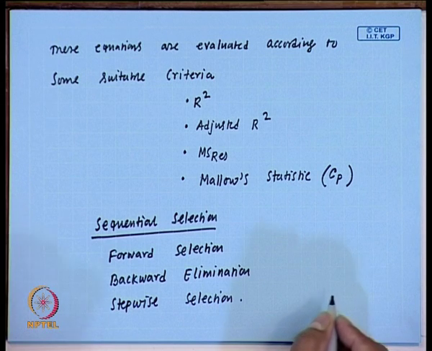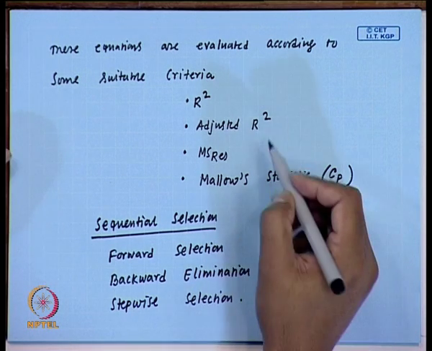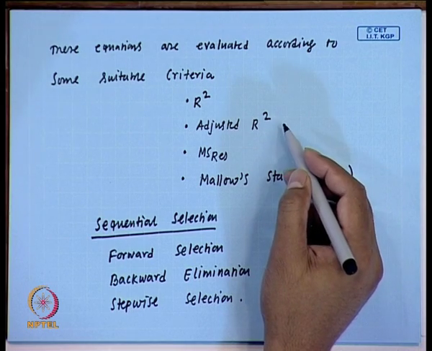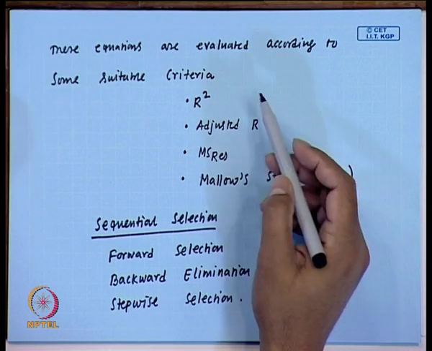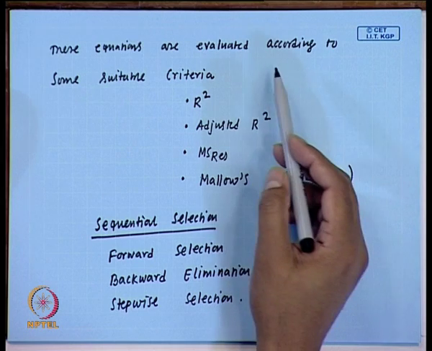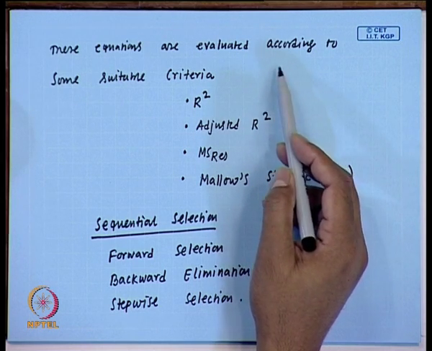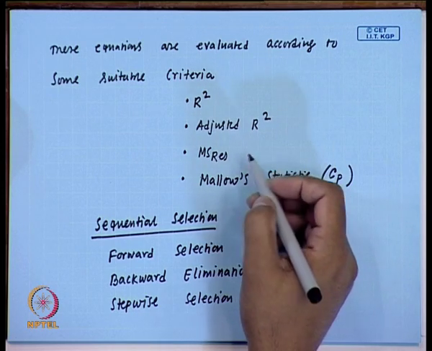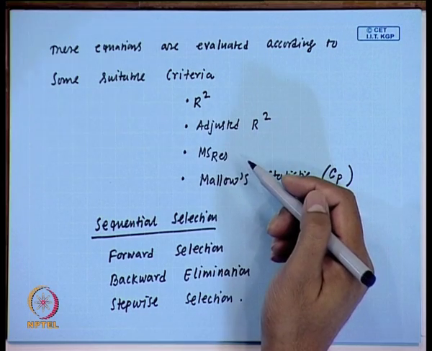Today we will be talking about all possible regression and how to evaluate so many, 2 to the power of k minus 1, regression equations based on these criteria.